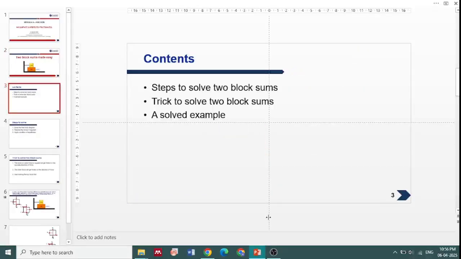In this video we'll be learning about the steps to solve a two block sum.